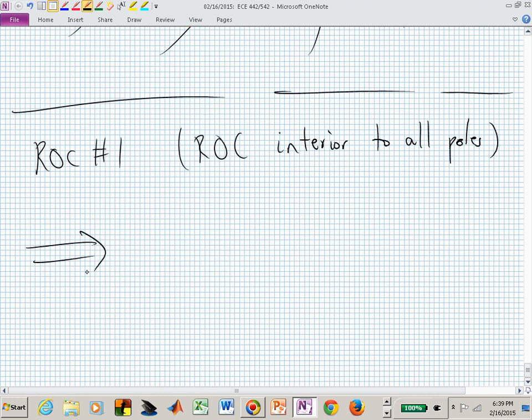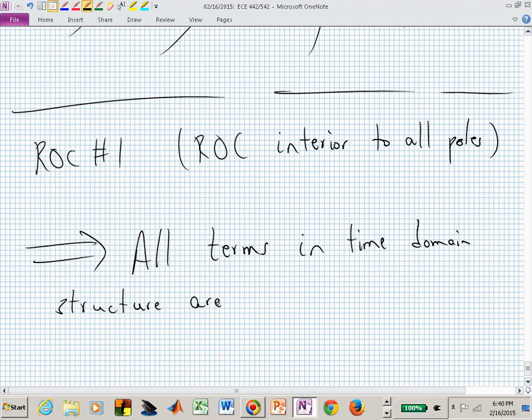Does that tell me anything about this side of the coin? Here our coin is causal or anti-causal, isn't it? All terms in the time domain structure are on which side of the coin?